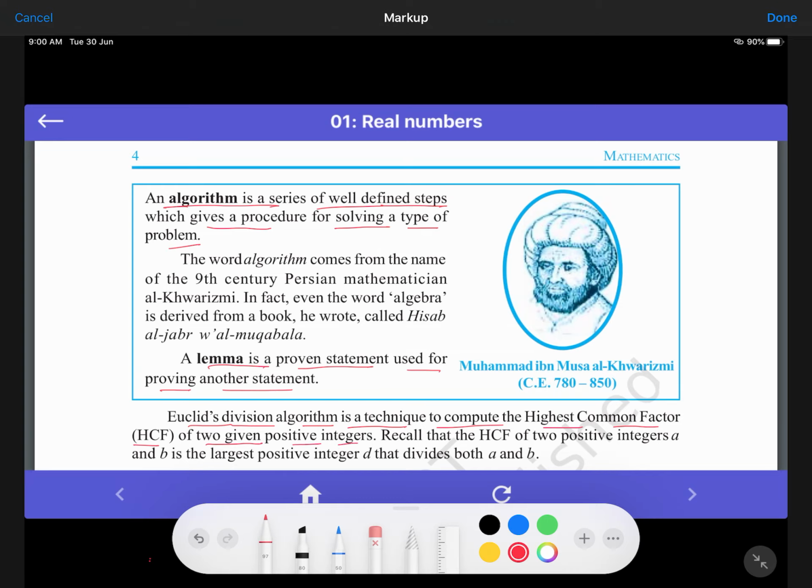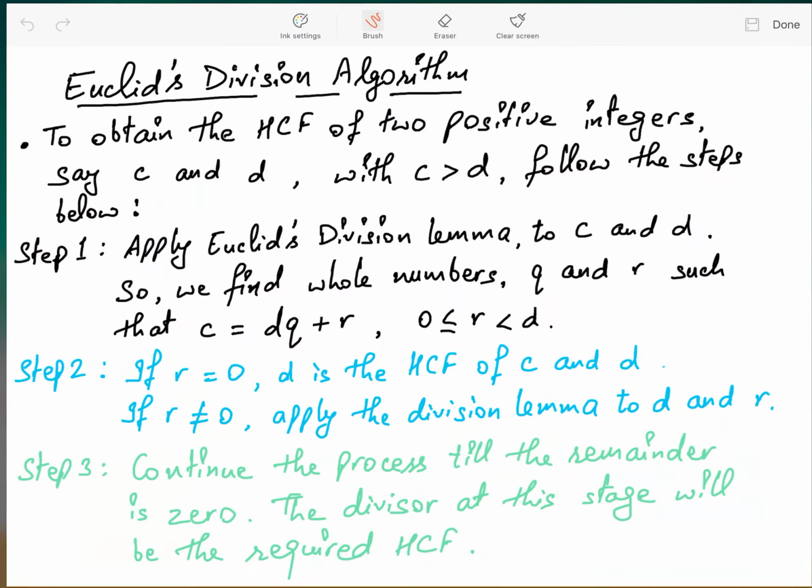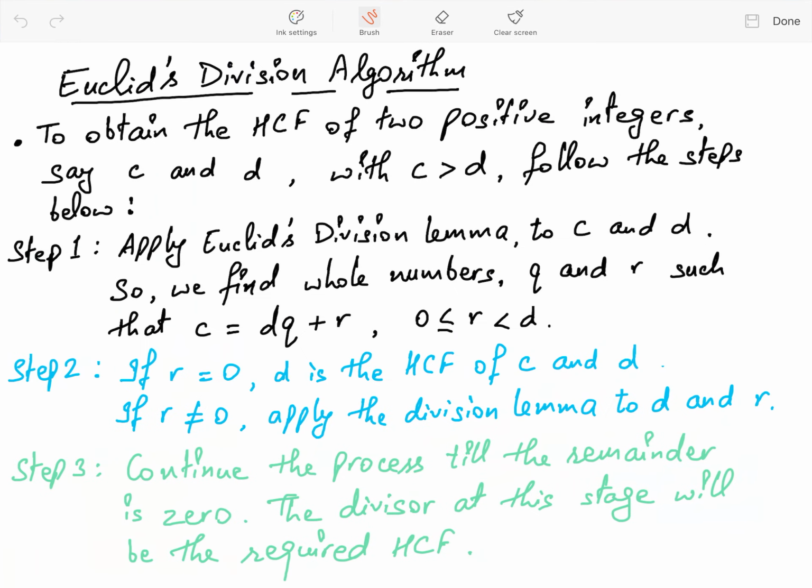That means it is used to find the highest common factor of two given positive integers. Now to obtain the HCF of two positive integers, say C and D, where C is greater than D, we will follow the steps below.